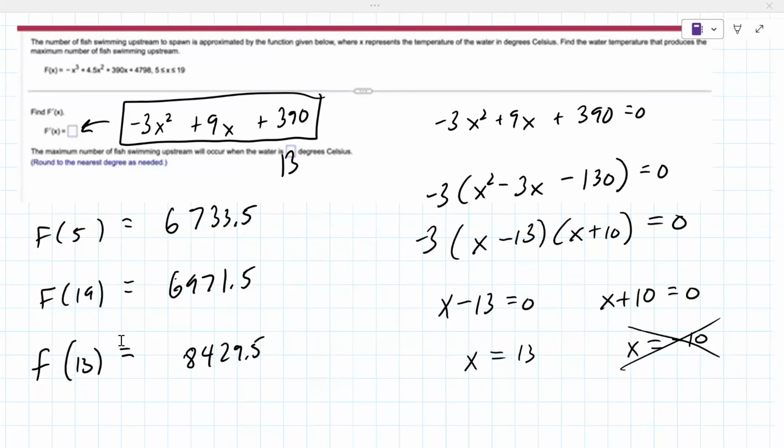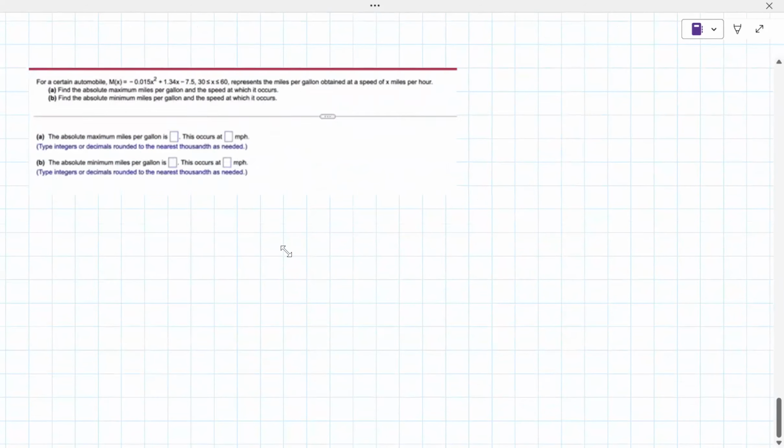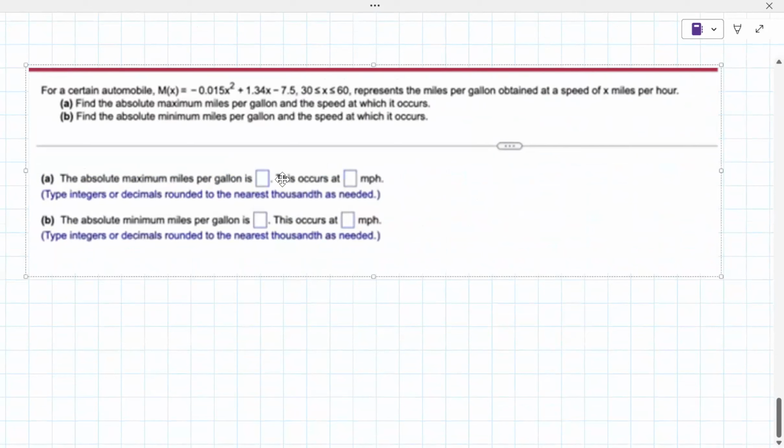Okay, moving along here. All right, for a certain automobile, this represents the miles per gallon obtained at a speed of X miles per hour. This is actually an interesting problem for most people.